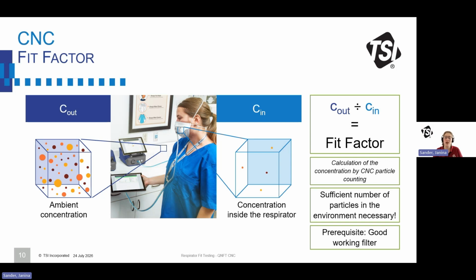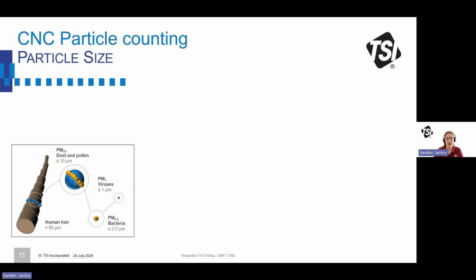I will talk about that one in a few slides again. In general, the fit factor, the value we use to evaluate the fit of a mask, is the ratio between outside concentration and inside concentration, and we do that by counting particles. When I say particles, I talk about very, very small particles.